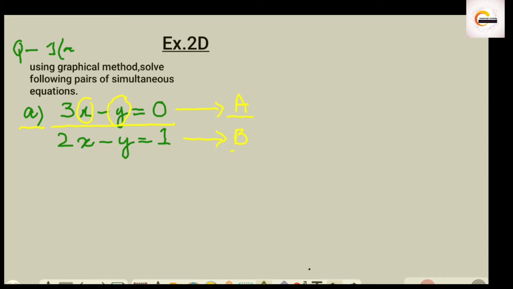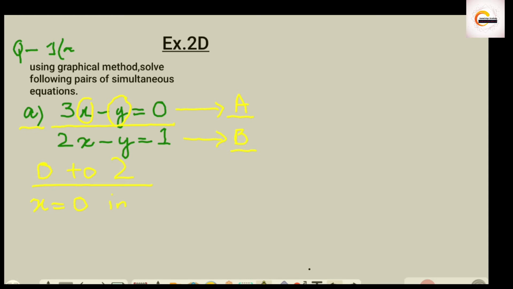As we have already named these simultaneous equations A and B, what I'm going to do is find 3 points that lie on this straight line. I will choose 3 simple numbers so that it will be easy to find the points. I am going to choose numbers from 0 to 2 for x to get the value of y, and I will put them in one by one. First I will put x equals 0 in equation A and get the value of y.